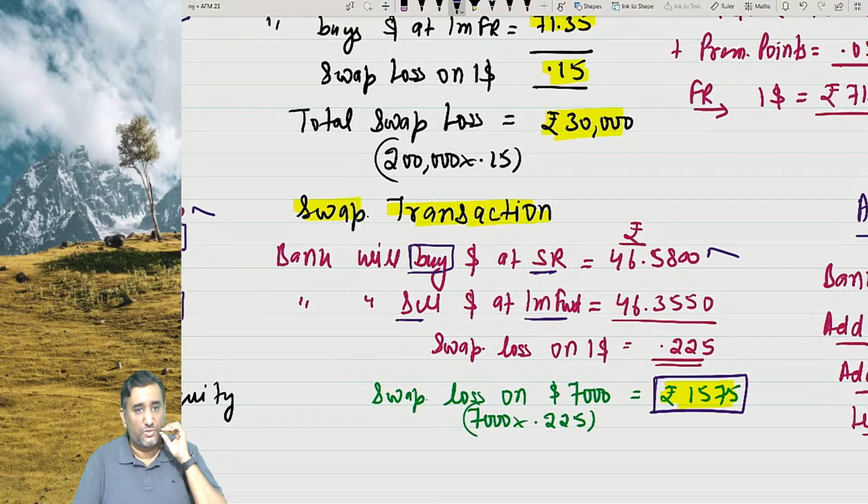And the net flow you can show is: customer will buy, and then add swap loss, and there were some flat charges of 100 rupees also, that you add back, and minus what? The interest. Done?